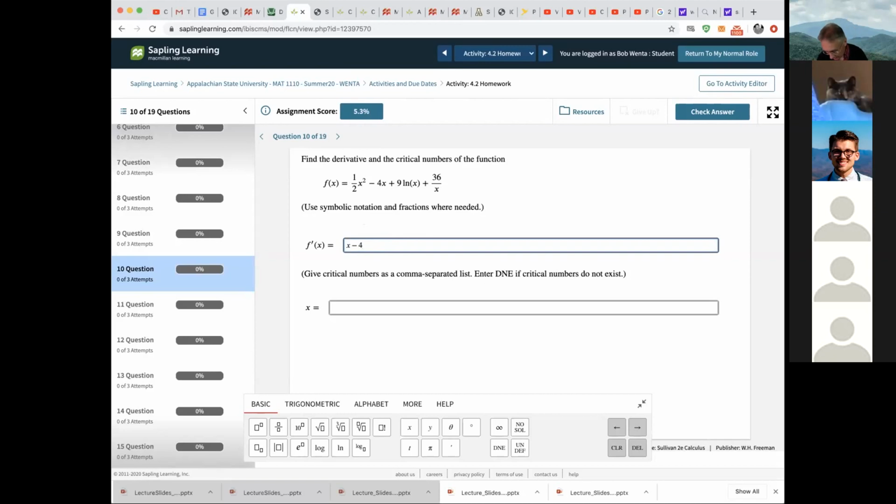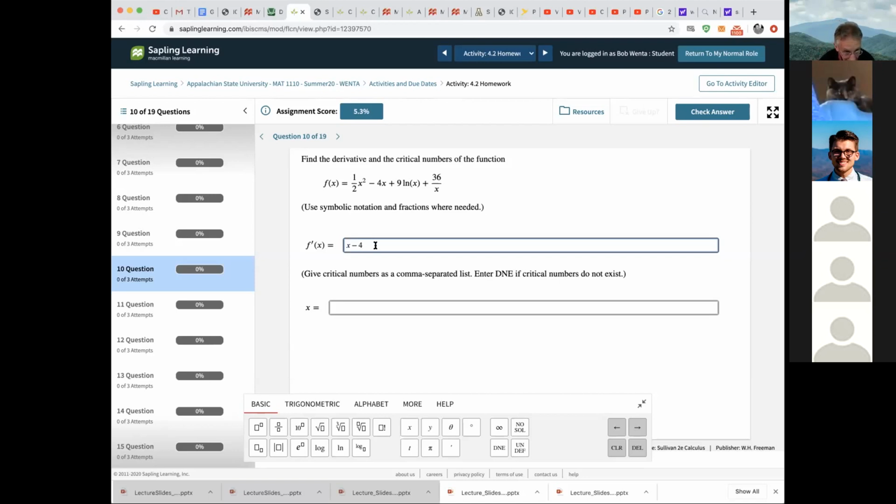And now, look at this one. This is a little different situation. The natural log, if you have the formula sheet somewhere, it'd be good to have out. But you've got to remember that the derivative of natural log is 1 over x. So the 9's out front, and you've got 1 over x.